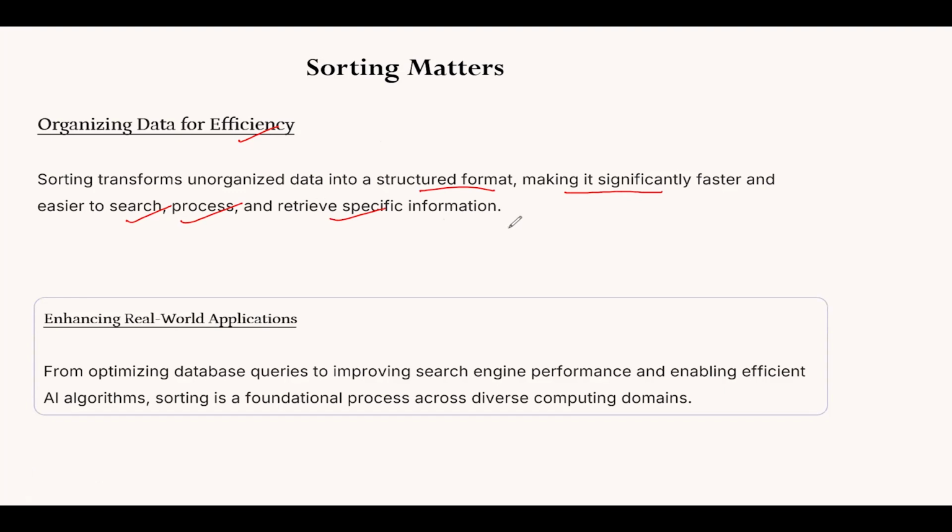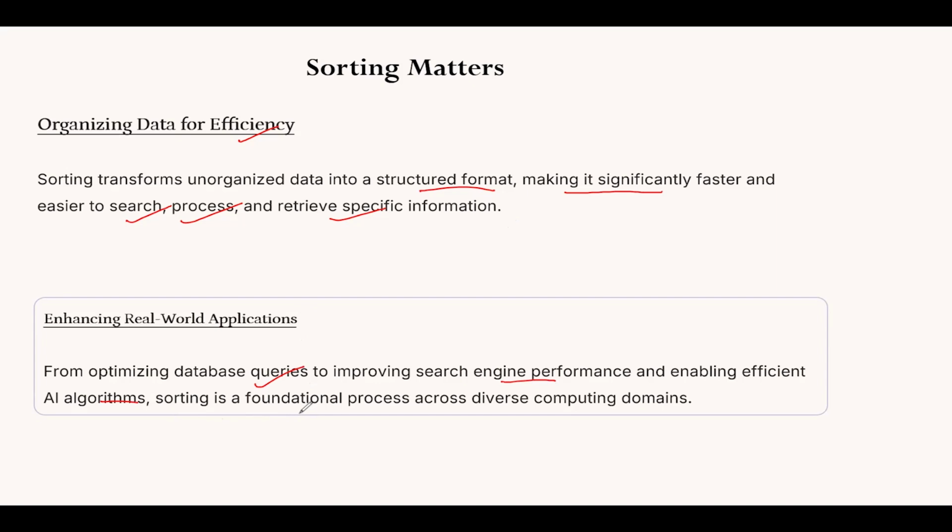If it is organized in a certain way, for example, if we are organizing our books or our clothes, it is going to help us the next day. Isn't it? In a similar way, if we are organizing the data, that is going to make our other work faster. That is the reason we use these algorithms. Apart from that, it also enhances real world applications, from optimizing database queries to improving search engine performance, enabling efficient AI algorithms.